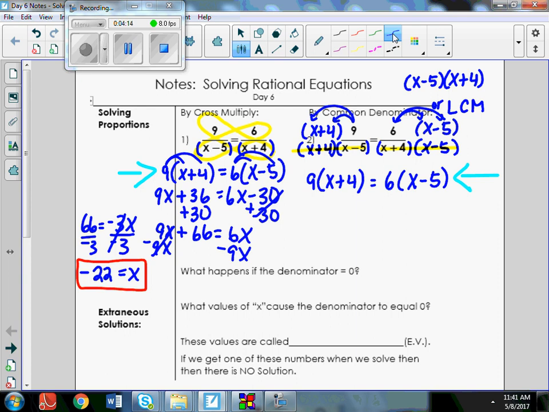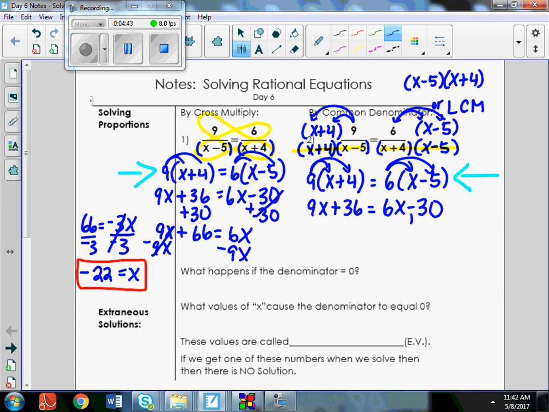And it's nice because when you find a common denominator, you can have more than one ratio equals another ratio, more than just a fraction equals a fraction. You can do this if there are multiple fractions. Okay? You get that common denominator, and once you have the common denominator, you cross it off, and then you just solve what's left.